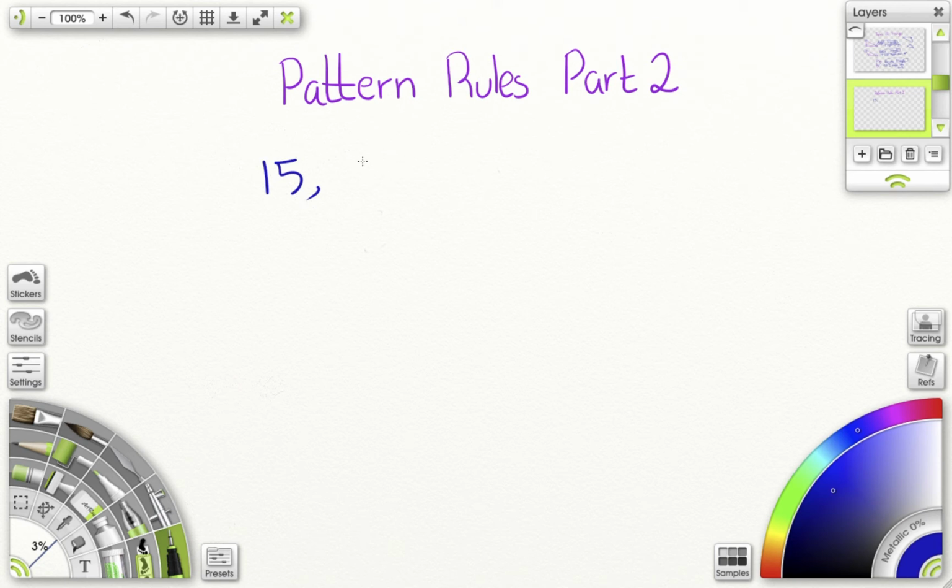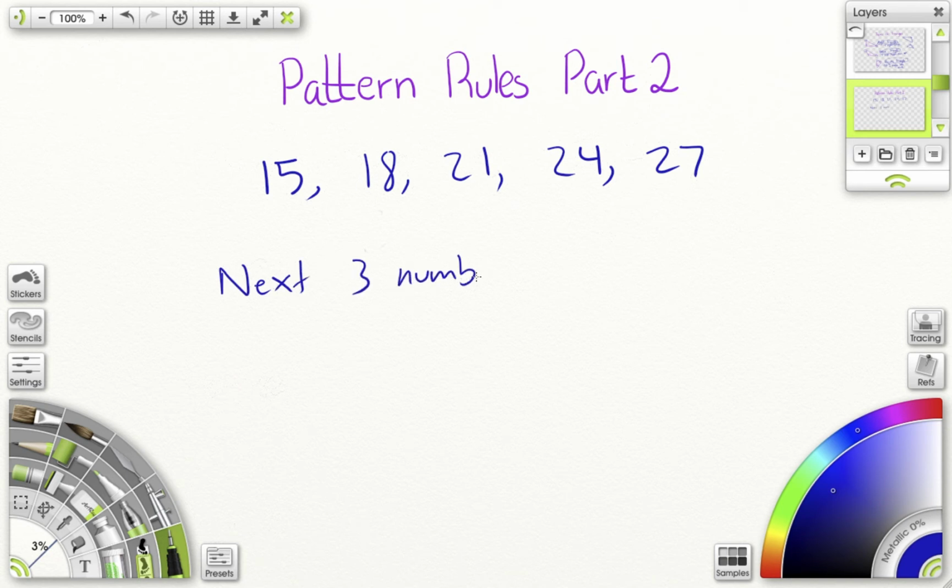The next number is 18, and after that is 21, and 24, and then 27. I need to figure out what the next 3 numbers are, so I need to figure out what the rule of this pattern is.